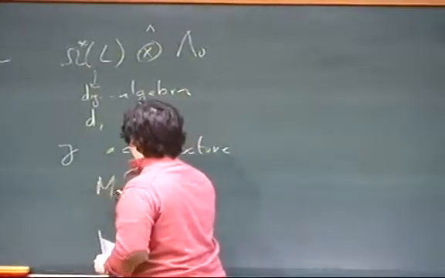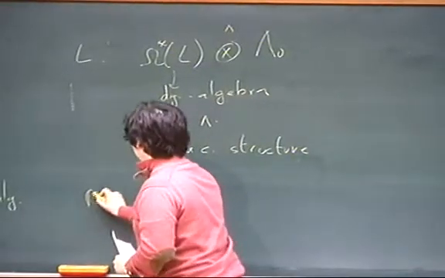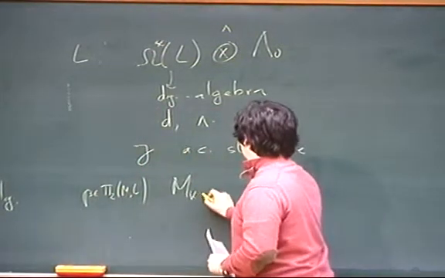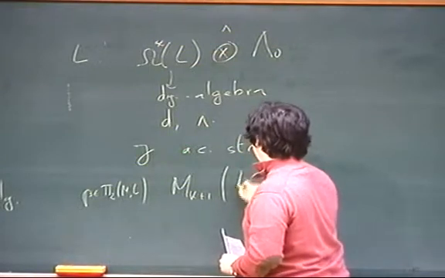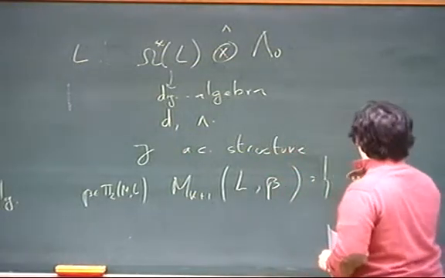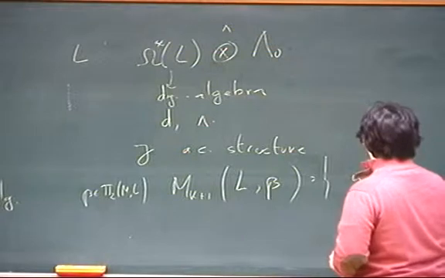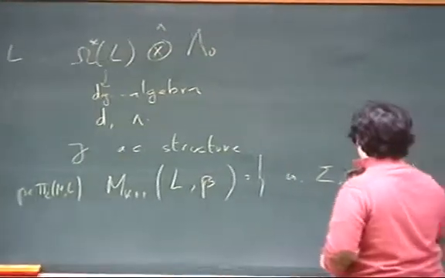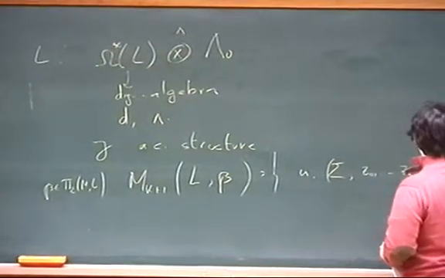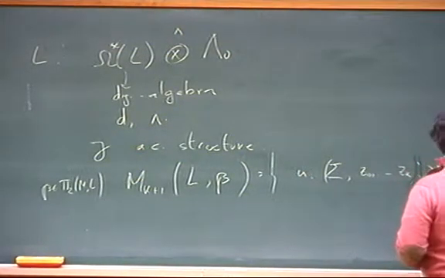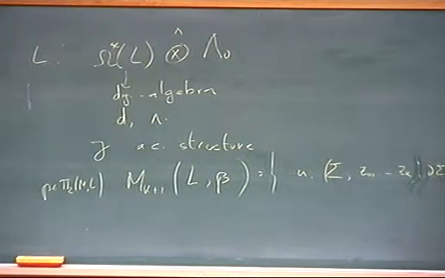And then we look at this moduli space. First we fix a class, a relative homotopy class beta. Then we look at the moduli space of disks with boundary in L in class beta. So this is maps u from a disk with k plus 1 marked points, such that the boundary of the disk goes to L, the class of u is beta, and it's holomorphic.